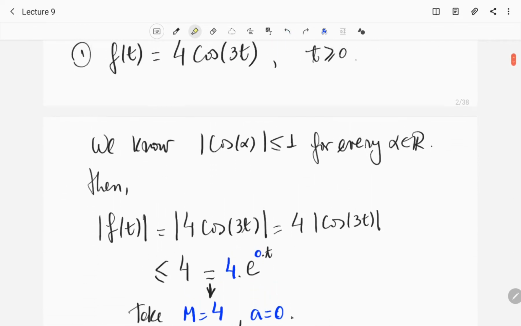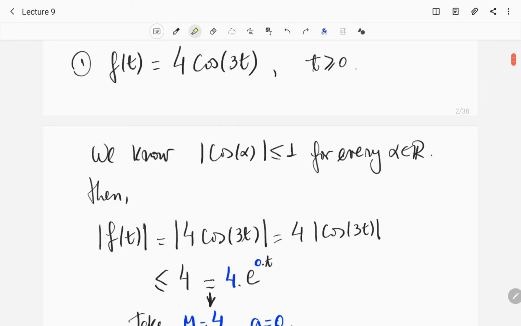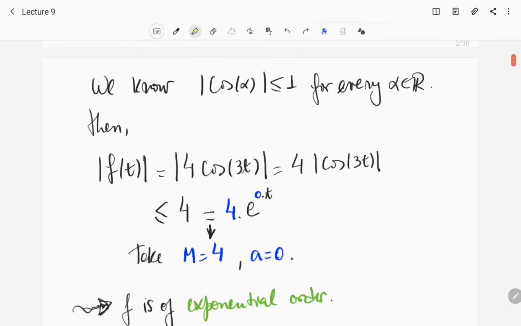So in this first example, when we compute the absolute value of f, of course we can split the absolute value over this product, the 4 and the cosine, and so we have the absolute value of the cosine here, and 4 is positive, that's why it's outside the absolute value. And now we know that the cosine function has a maximum at 1, so we can always use this property that the absolute value of the cosine is less or equal than 1, for any argument.